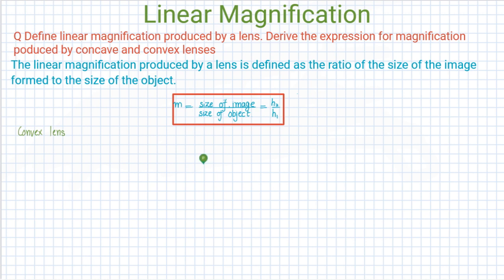Suppose this is your convex lens. Now consider a line which passes through the center. This line is your principal axis. Fine.